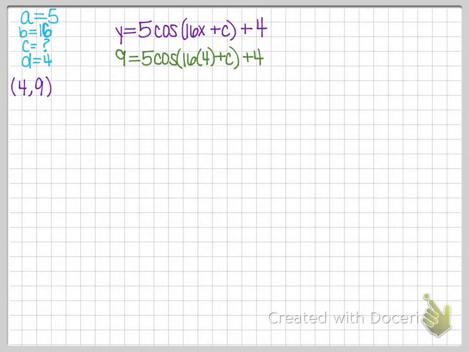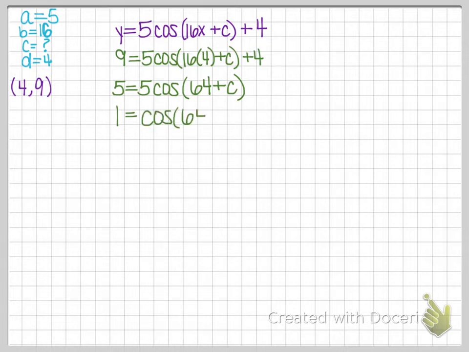So I can subtract 4 from both sides, so I'll have 5 equals 5 cosine of 16 times 4, which is 64, plus c. Divide by 5 on both sides. So 1 equals the cosine of 64 plus c. To get rid of that cosine, I'm going to have to do the inverse cosine or the arc cosine.